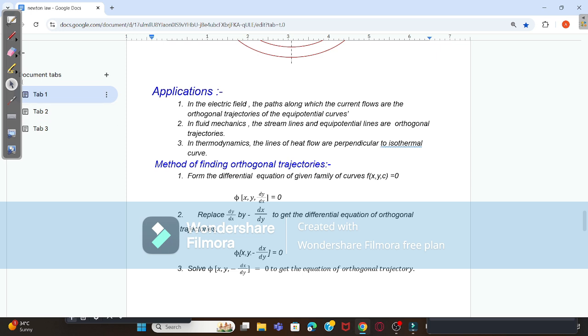In fluid mechanics, the streamlines and equipotential lines are orthogonal trajectories.